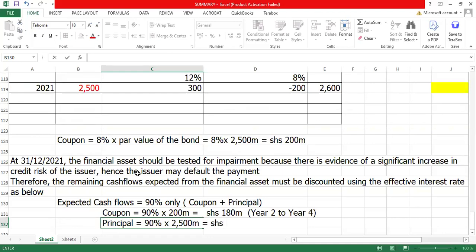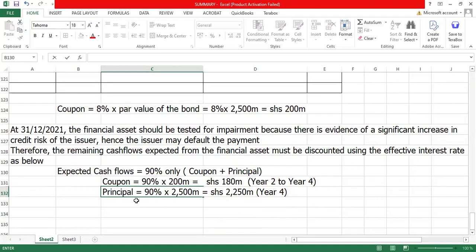So you get 90% times 2,500, which is 2,250 million. And you expect to receive this on the maturity date, that is year 4.